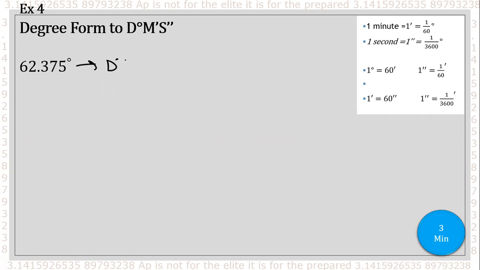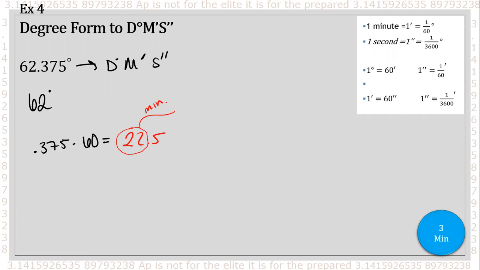You're changing to degrees, minutes, and seconds. Okay, so from here, we can see that 62 is already our degrees. Our 0.375 will get multiplied, and that will give us our number, which in this case is 22.5. So keep in mind, the whole number right here will be your minutes.